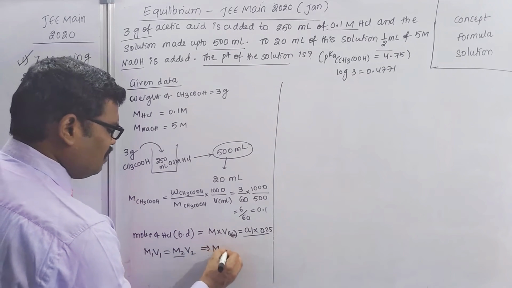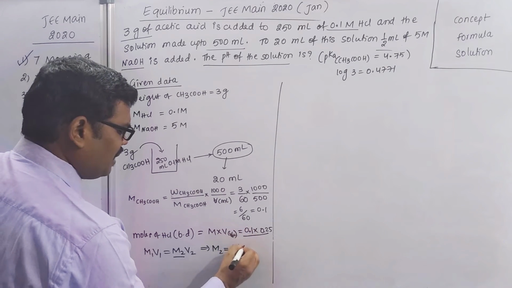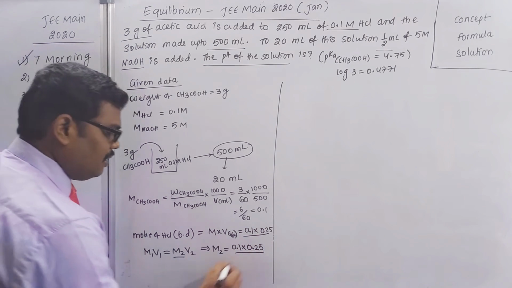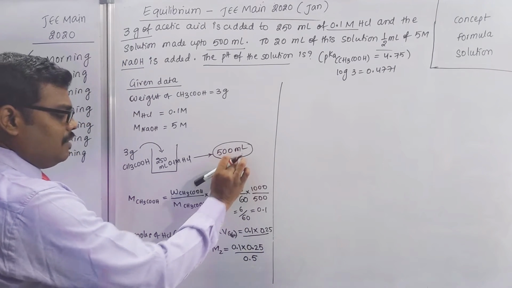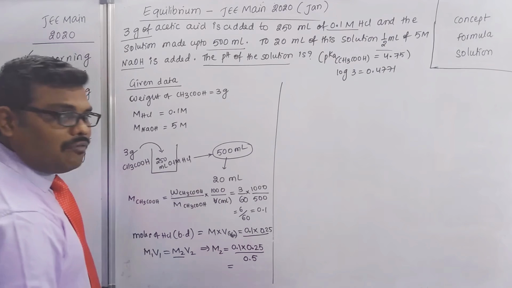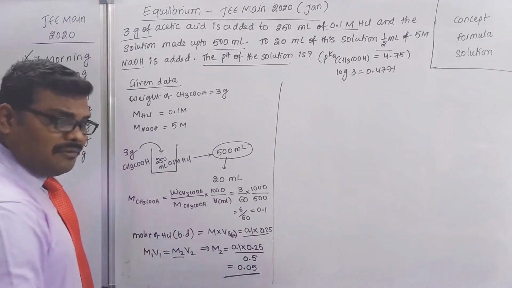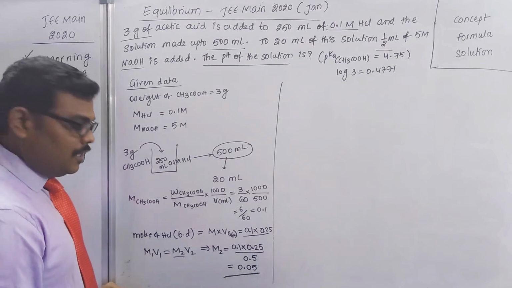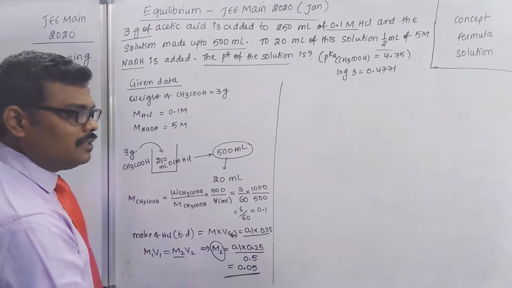So M2 is equal to M1, which is 0.1, into V1, 0.25, by 0.5, because I converted 500 milliliters to liters, equal to 0.5. This is equal to 0.05. The concentration becomes half because volume is doubled. So the final concentration of HCl in 500 ml is 0.05.